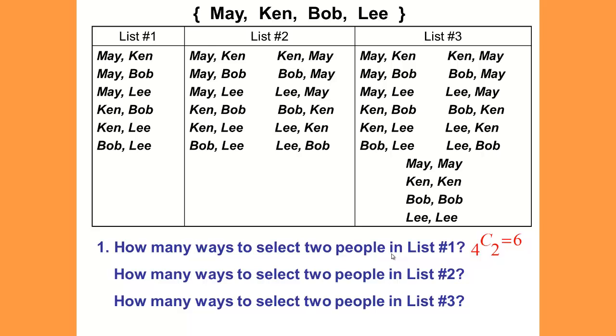How many ways are there to select 2 people in list 2? That's 4P2, or 4 permutations of 2, which is 12. And how many ways are there to select 2 people in list 3? That would be 4 times 4, which is 16.